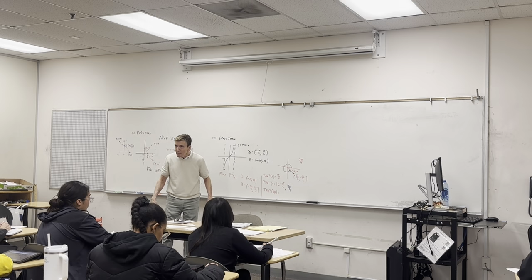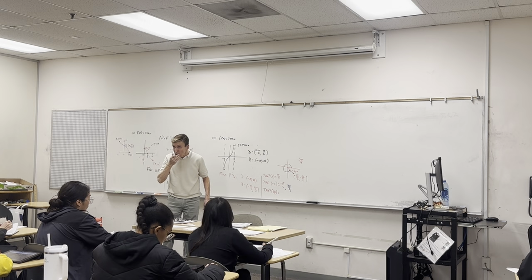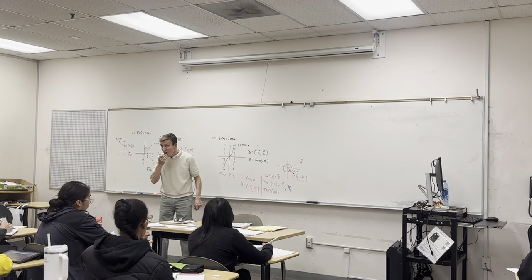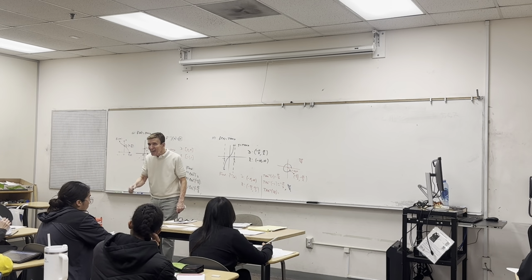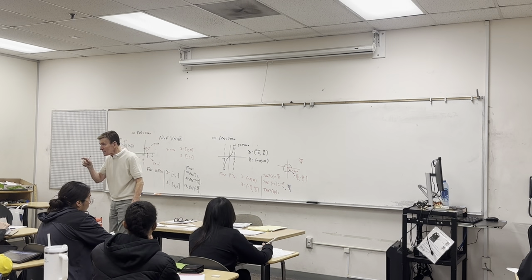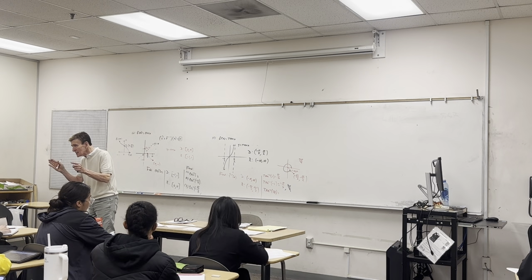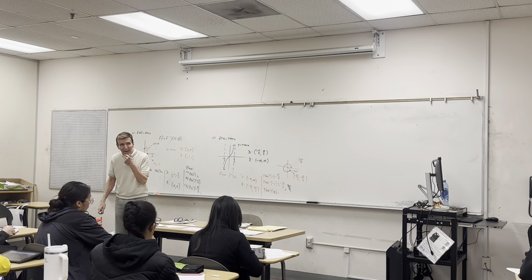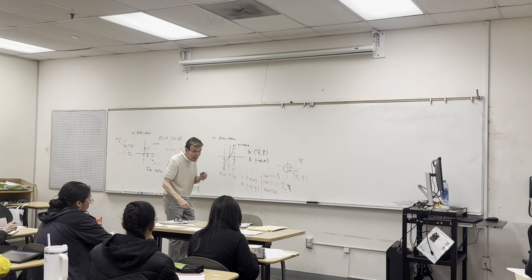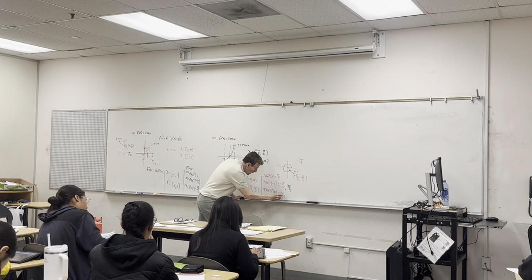Alina? 1.5. Okay, is that in radians, 1 point something? Yeah. Can you change that to degrees for me? I don't know how. Okay, I bet that 1 point something is in radians. Let me see if someone has it in degrees. I'd like to see what size angle it is in degrees. 88.8. This is an approximate answer, guys.